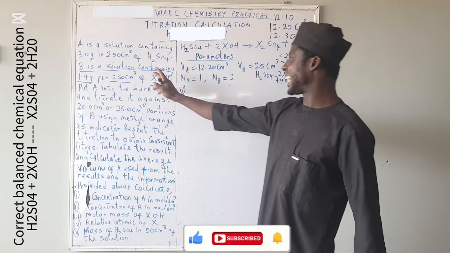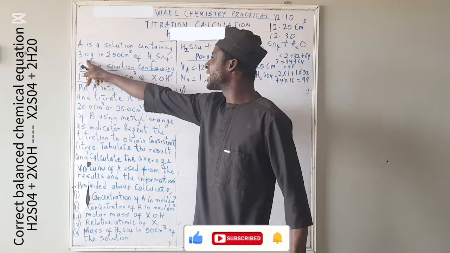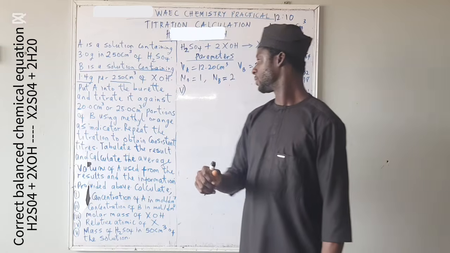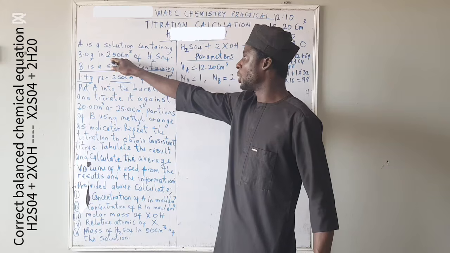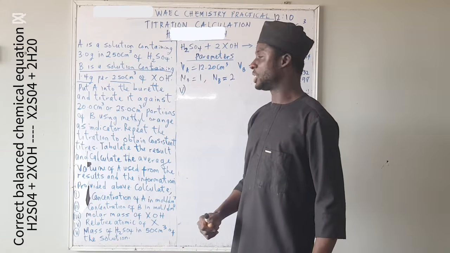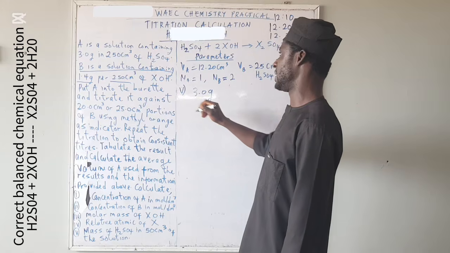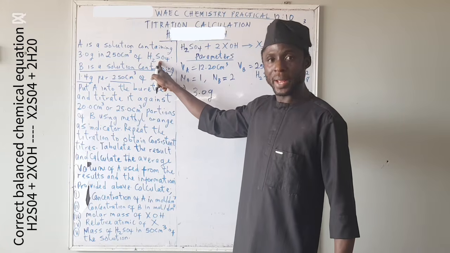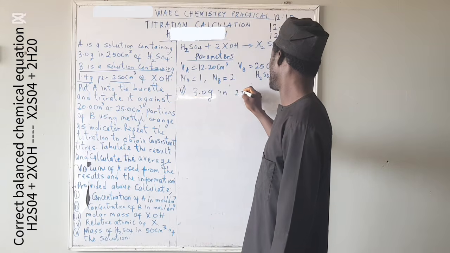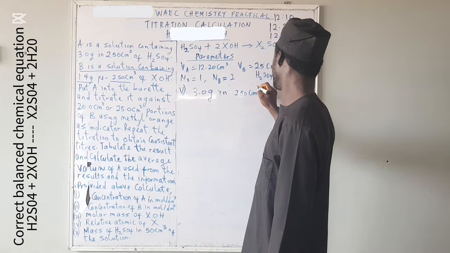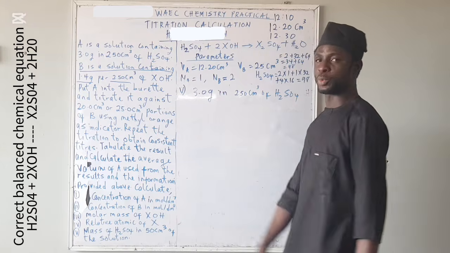They have given us in our question 3.0 gram in 250. Now, this becomes our stoichiometry standard to calculate the question. We know that in 250 cm3 of H2SO4, the mass is 3.0 gram. So they are giving us this parameter in the question.